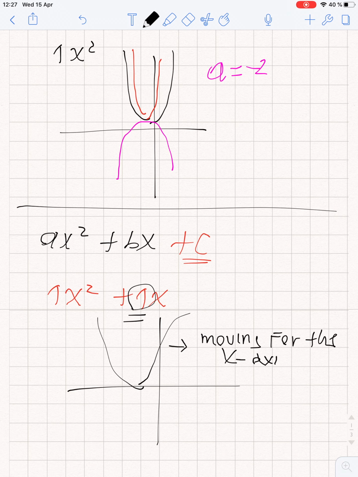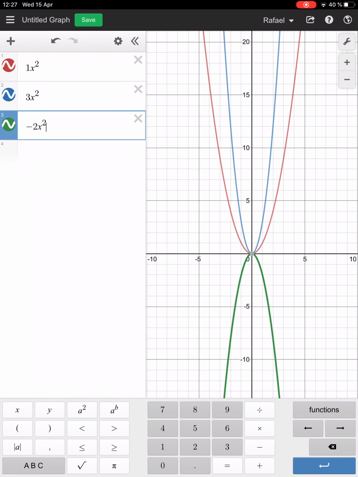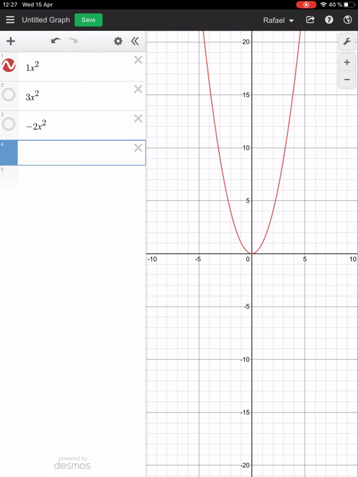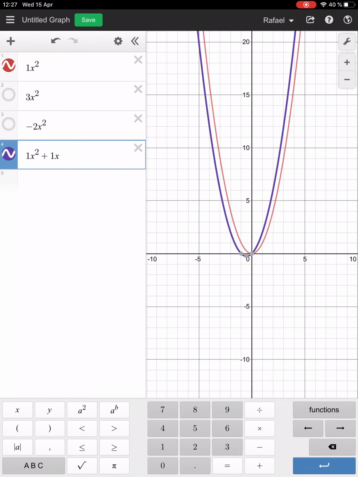That means when you are changing the value for b, you are moving the graph over the x-axis. And doing the example in Desmos, if you take a value, for example, 1x squared plus 1x, that is the value for b.